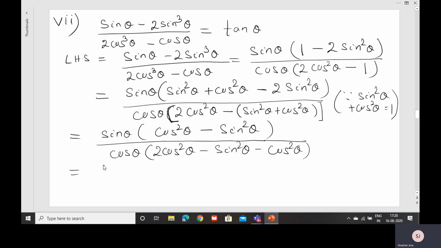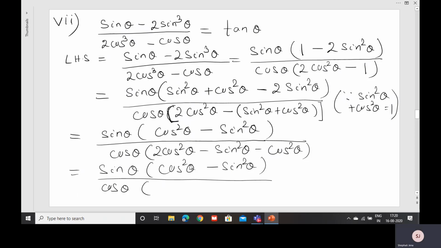Then we write again sin theta into (cos square theta minus sin square theta), whole divided by cos theta into 2 cos square theta minus cos square theta, how much? 1 cos square theta. So cos square theta minus sin square theta.